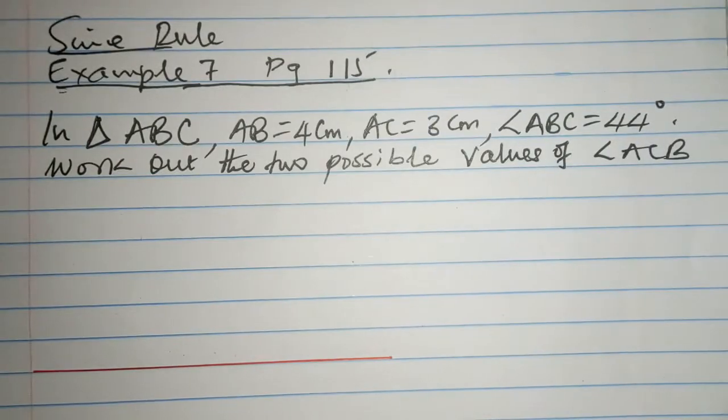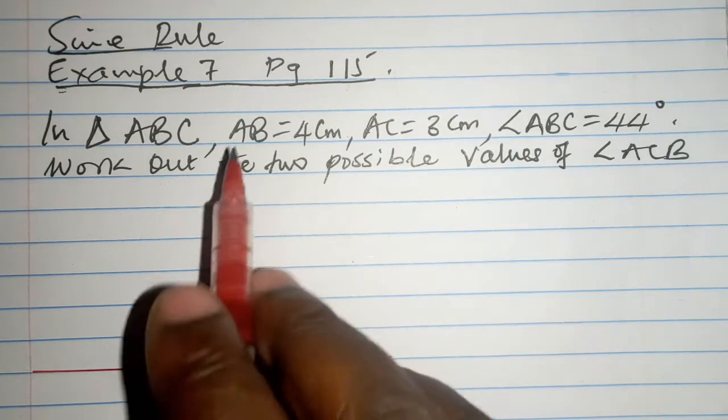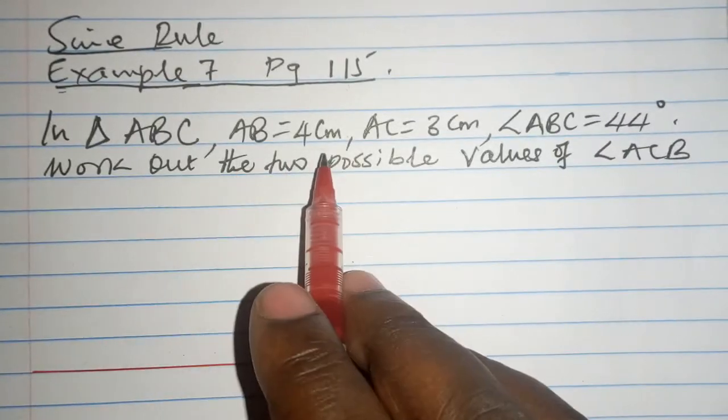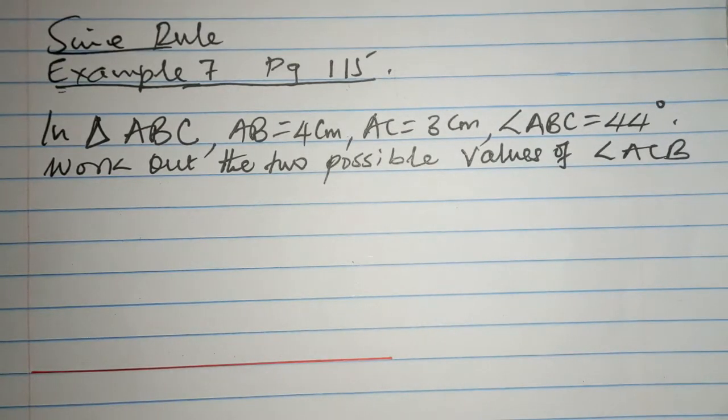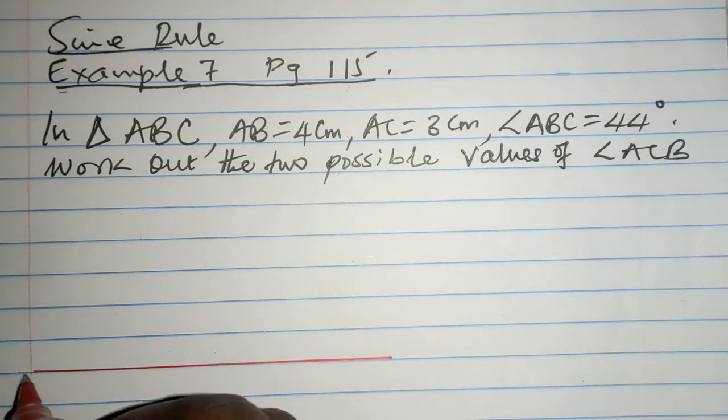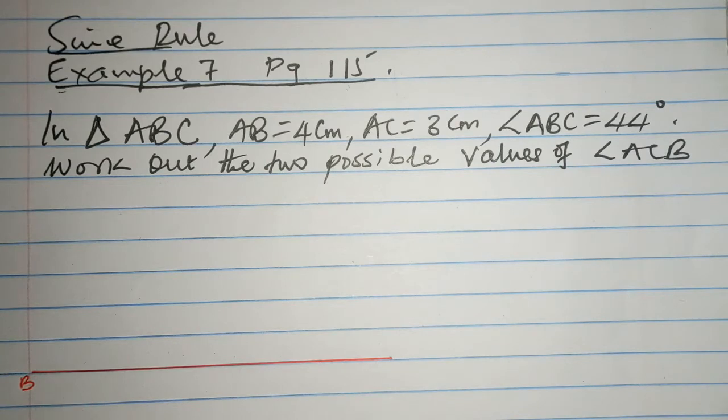Let's have that line, because AB is 4 centimeters and AC is 3 centimeters. So let this vertex be vertex B, so that from here we talk about 4 centimeters. And how do we measure 4 centimeters?